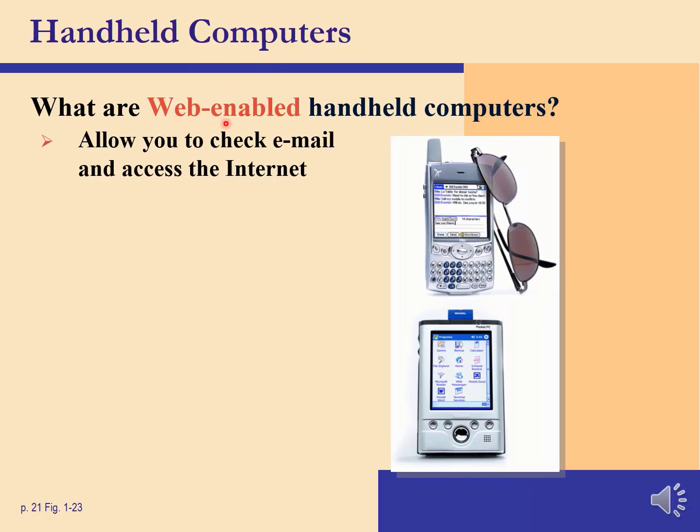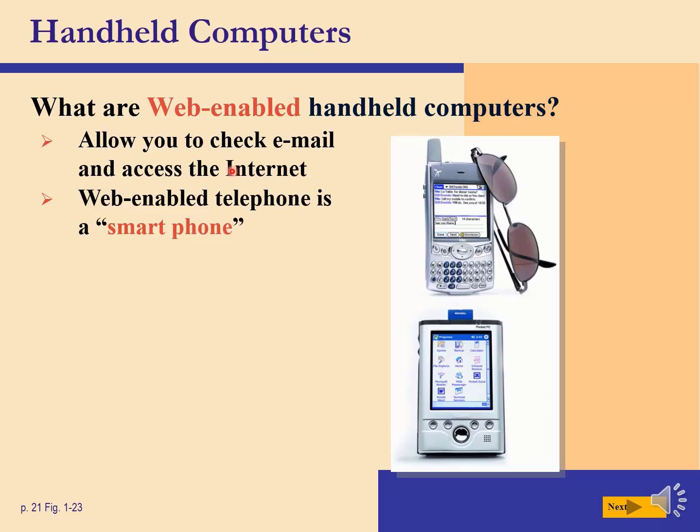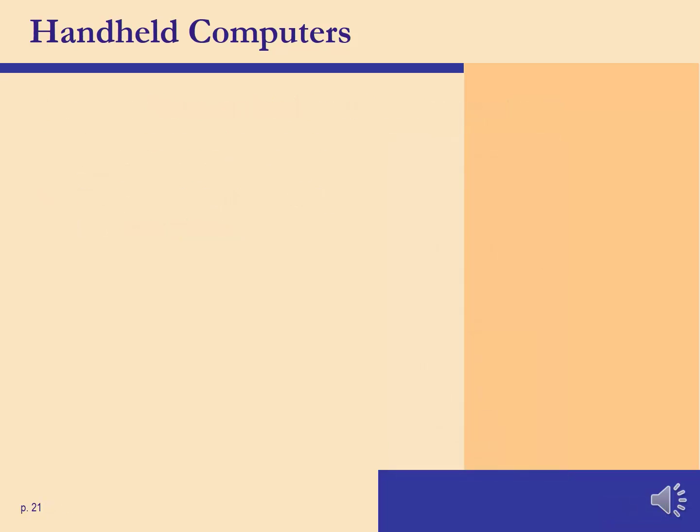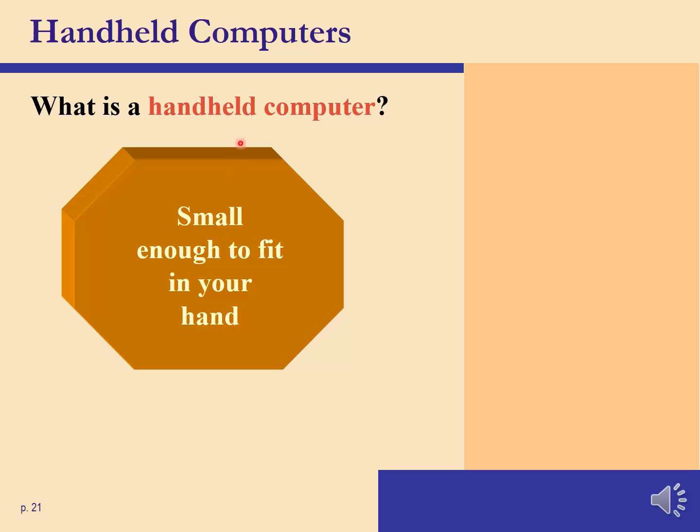Handheld computer. Continue. What are web enabled handheld computers? They allow you to check email and access the internet, like in this picture of some devices. A web enabled telephone is a smartphone. What is a handheld computer?